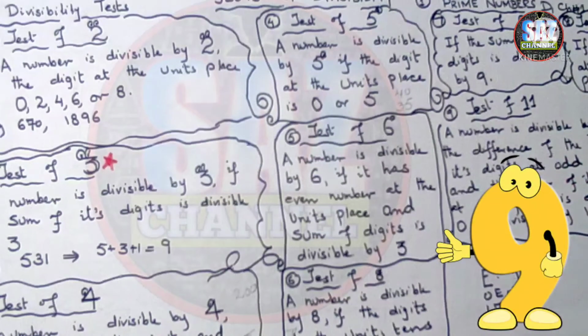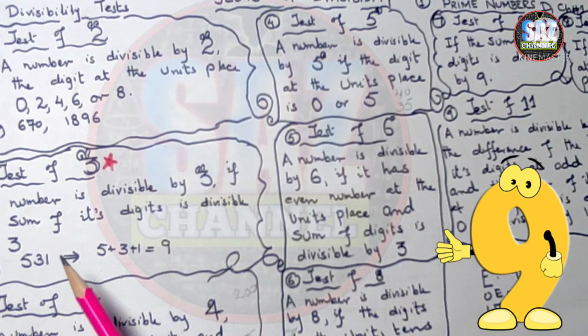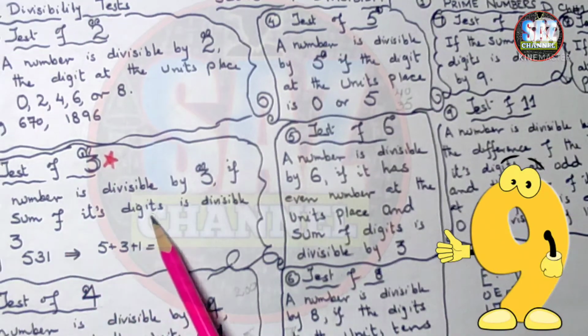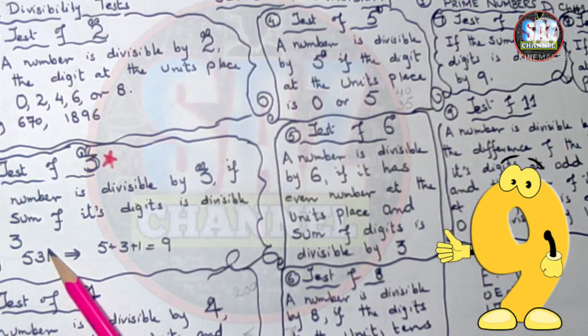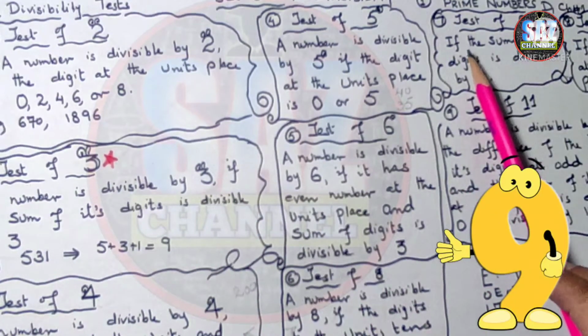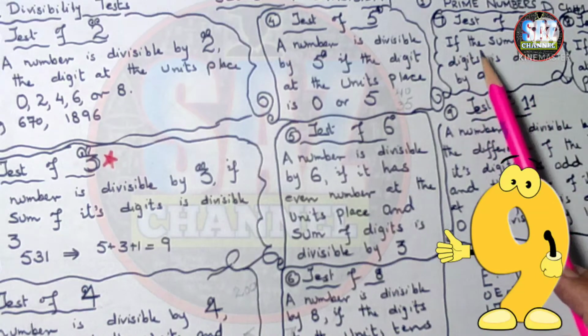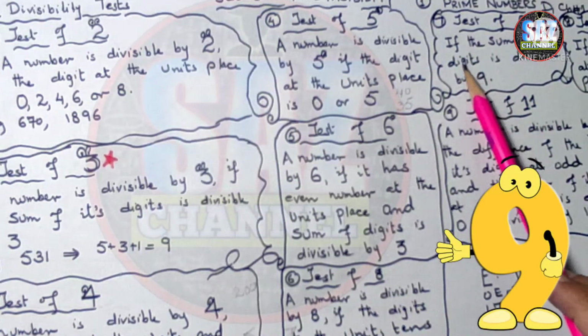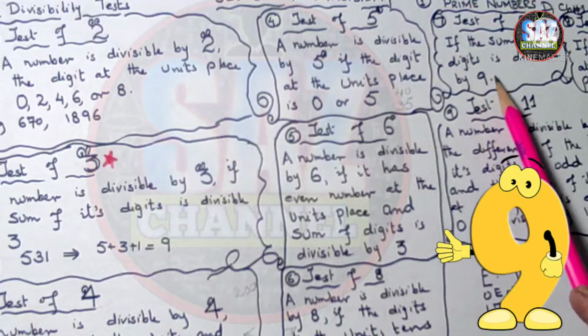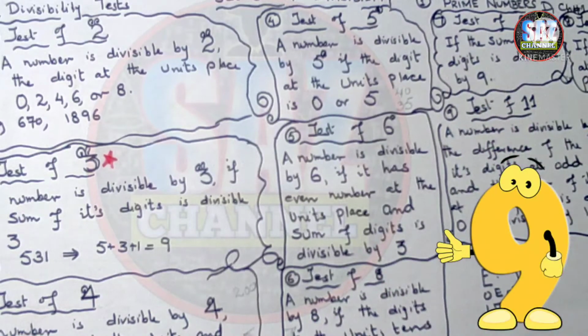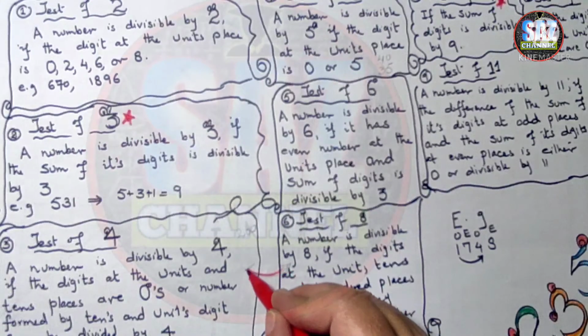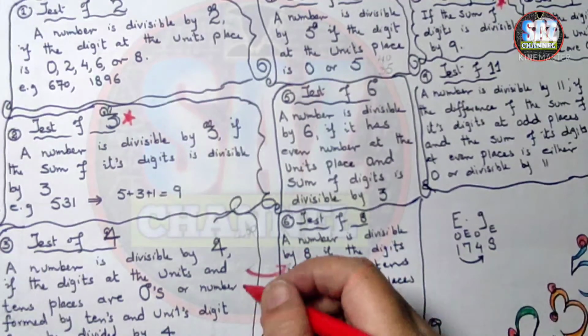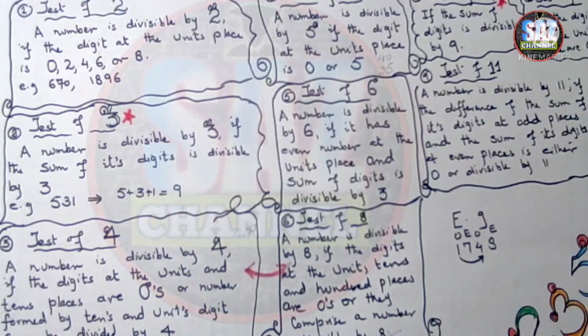Similar in what case? If we recall the test of 3, it says a number is divisible by 3 if the sum of the digits is divisible by 3. And here the divisibility test of 9 says that a number is divisible by 9 if the sum of the digits is divisible by 9. So the tests of 4 and 8 have similarity, and the tests of 3 and 9 have similarity.